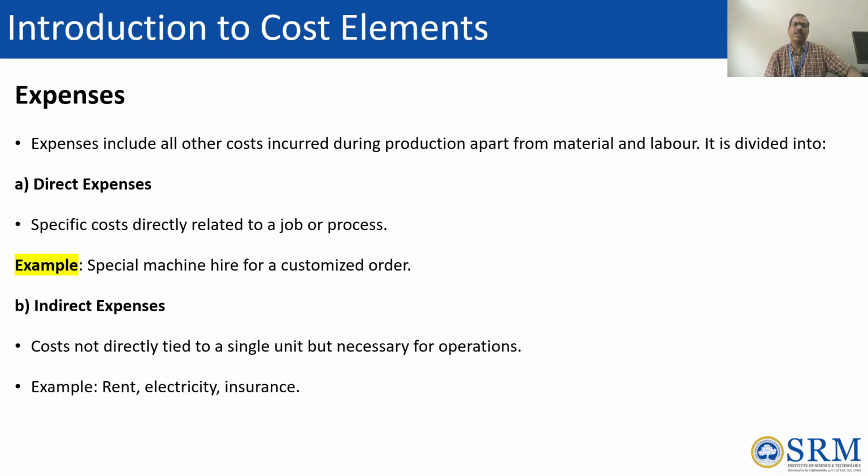In expenses also we have two things. One is direct expenses, another one is indirect expenses. What are direct expenses? Specific costs directly related to your job or process. For example, if we are investing in a special machine hire for a customized order. Suddenly we receive a component to be manufactured in our industry, but in order to make that component or product we don't have a machine.